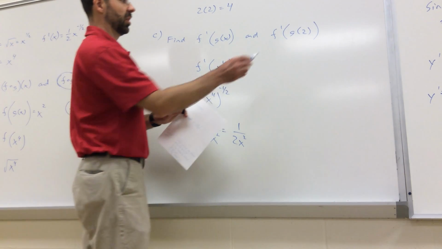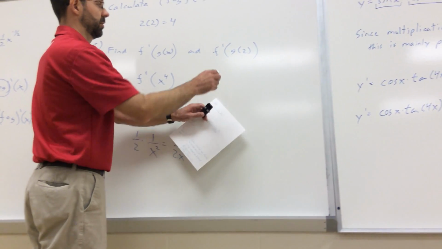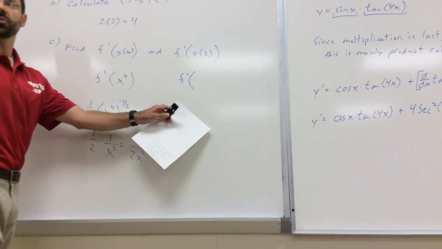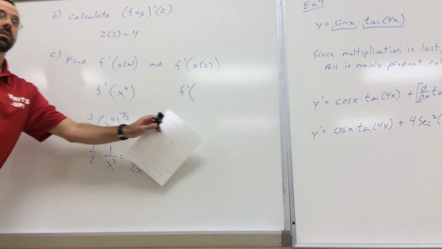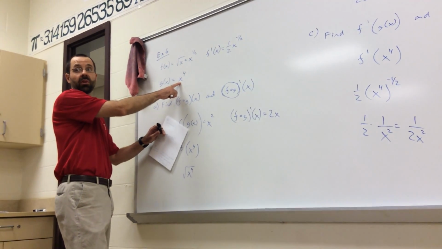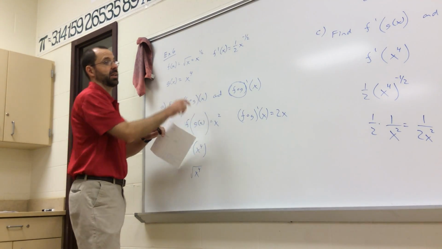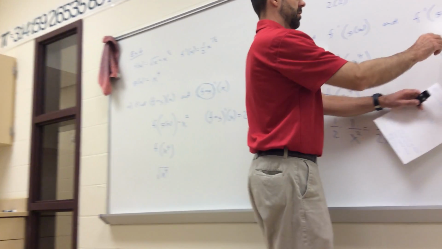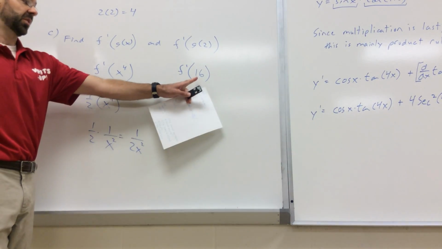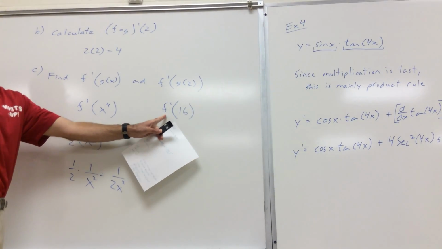Okay, so now I've got to plug 2 into that. So I've got f prime of g of 2. So g of 2 is 2 to the 4th, which is 16. And then that tells me to plug 16 into f prime.